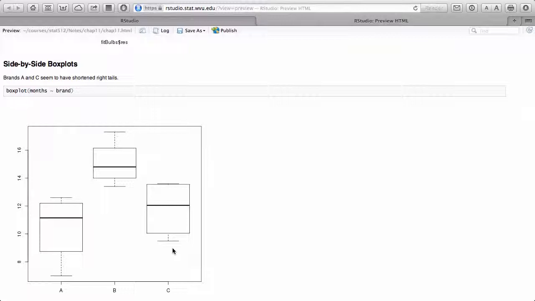And the size of those boxes in terms of their vertical extent, if they're about the same, would indicate that the variances are equal, and that's another assumption. So by looking at that, I get a pretty good idea, do I have normality? I can certainly tell symmetry, because if you have symmetry, that bar in the middle of the box should be about in the middle of that box. Now, don't expect it to be exactly the case.